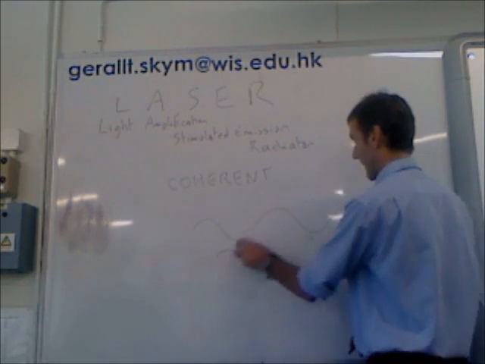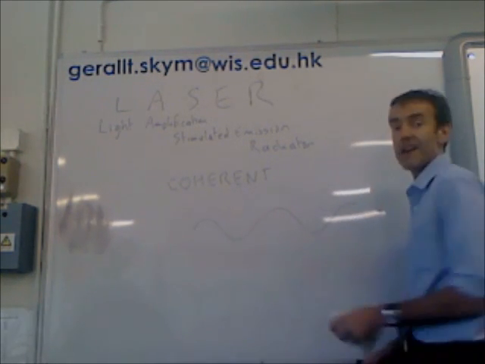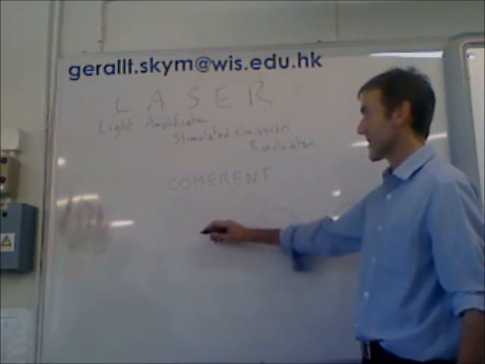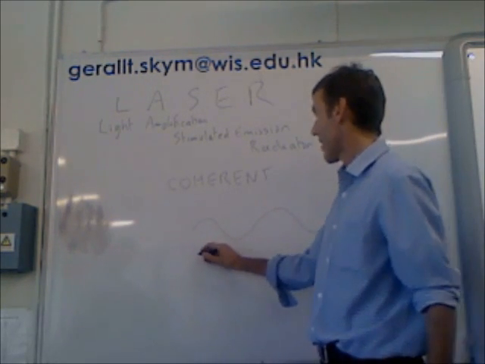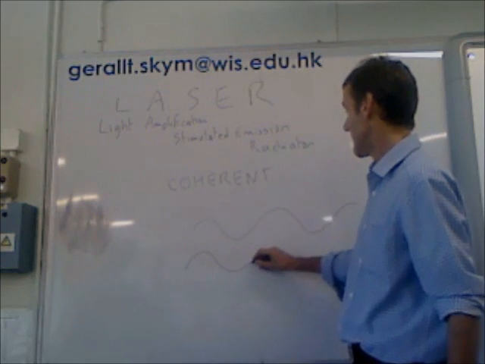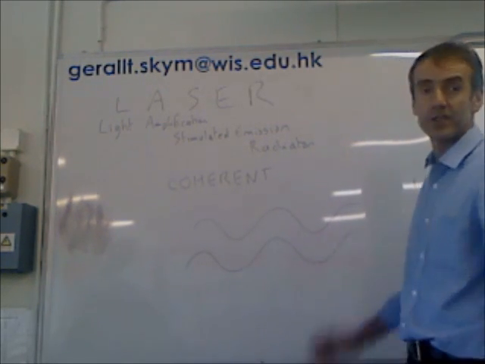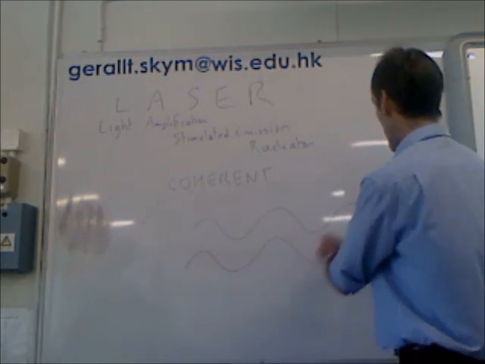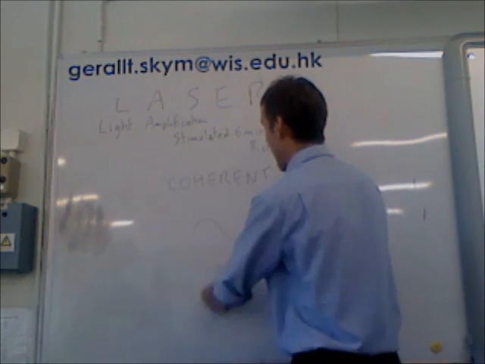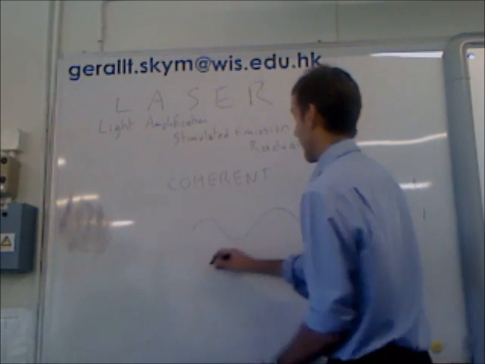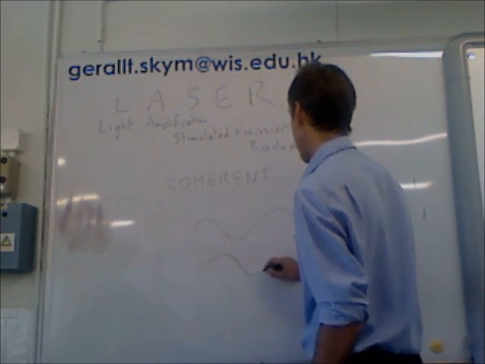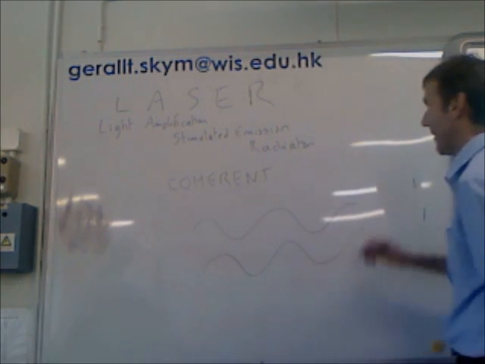That's no good. So what a coherent wave has is each photon going up and down, either completely in phase, which is perfect, or even if it's out a little bit, it stays out by the same amount.